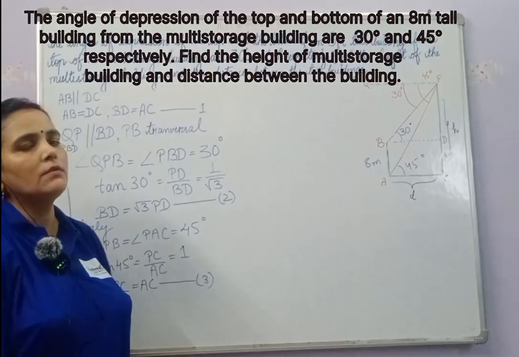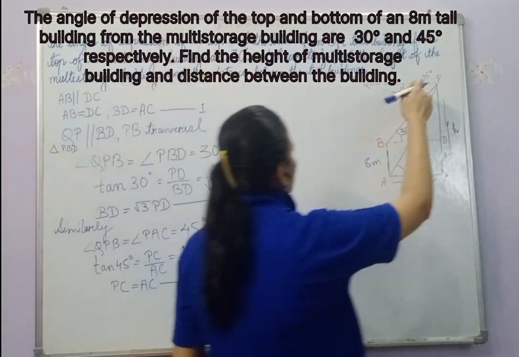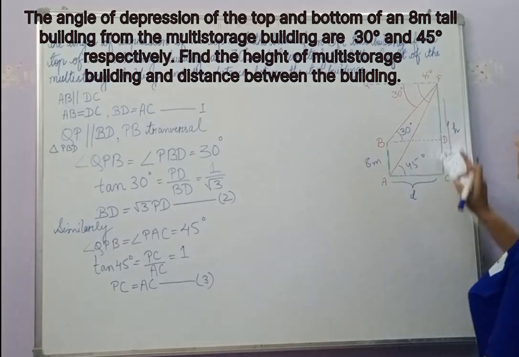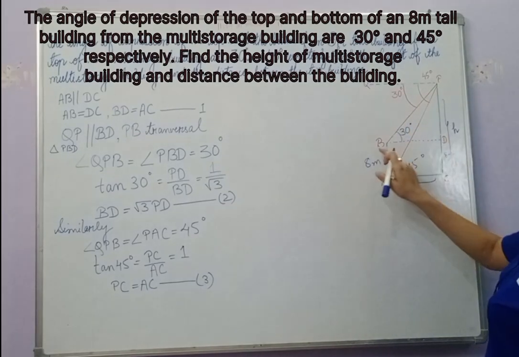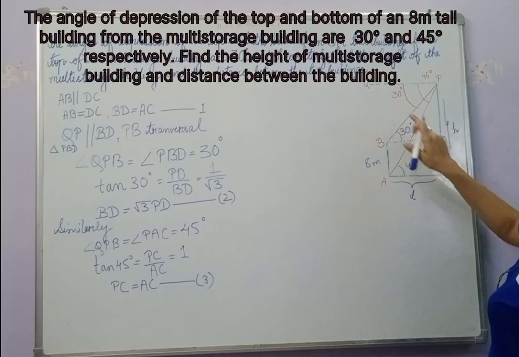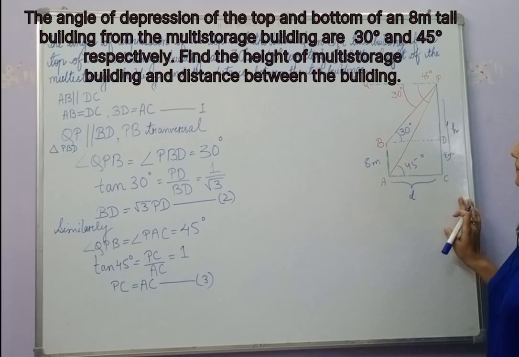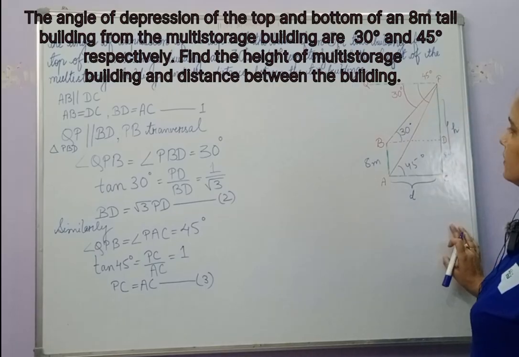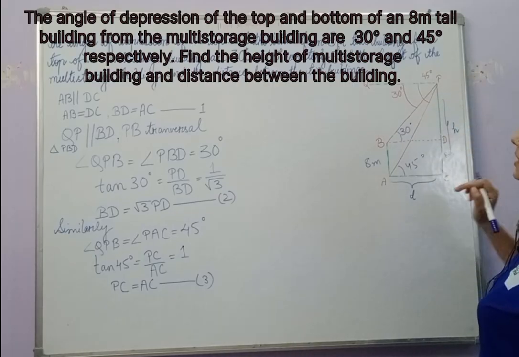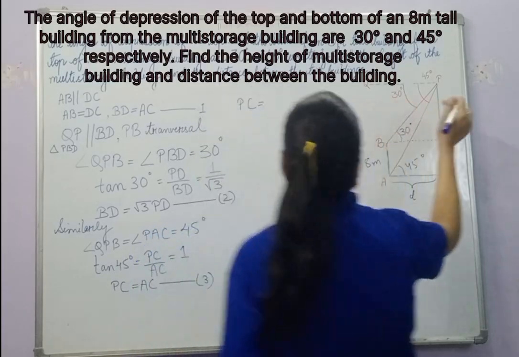Very simple. Whenever a transversal line passes through parallel lines, the alternate angles are equal. So we have PQ parallel to BD, so the alternate angles are equal. Here QP is parallel to AC, so the alternate angles are equal. So we have got the values. Now we know PC. PC is what?